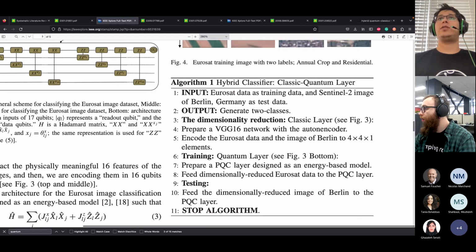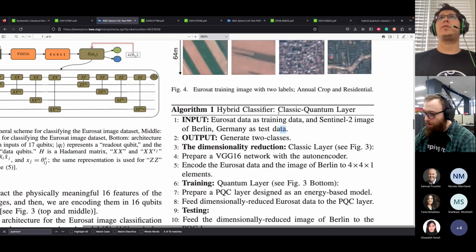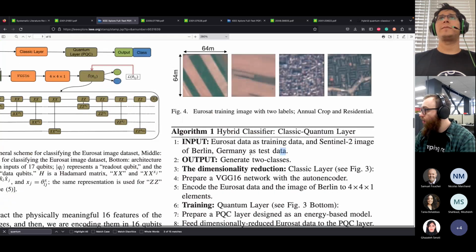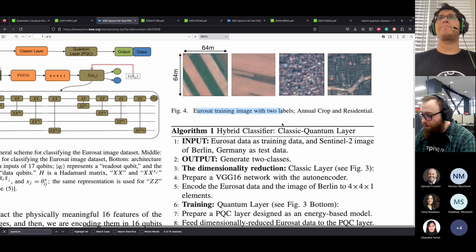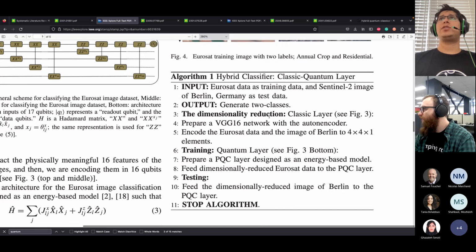Here you see the algorithm. What does it say? Eurosat data. I don't know what this is, but it's probably data that looks like this. Yes, Eurosat training images. The output should be one of 2 classes, so this means you have binary classification. Dimensionality reduction: the classical layer means you use a VGG neural network to produce these 4x4 images.